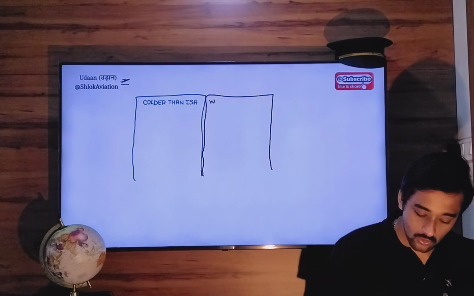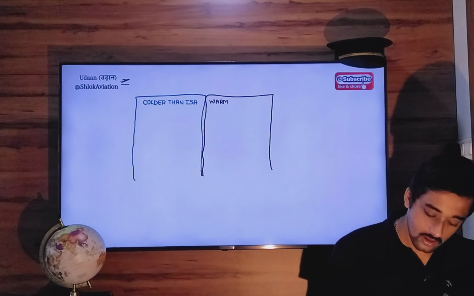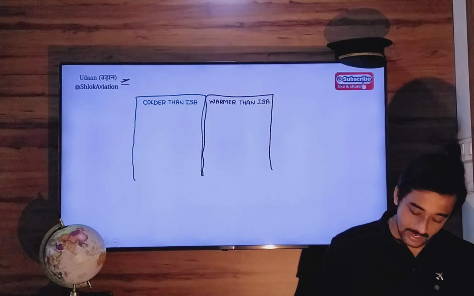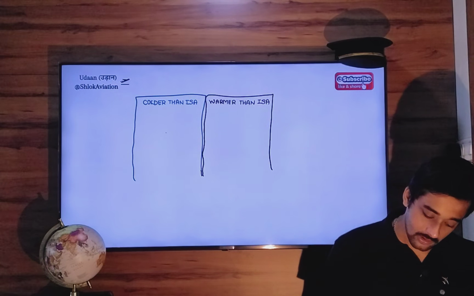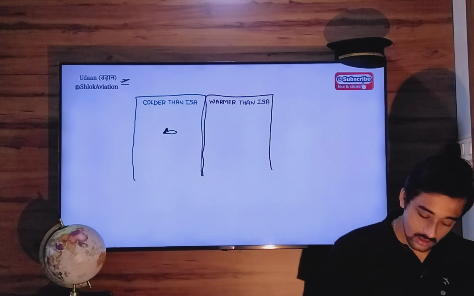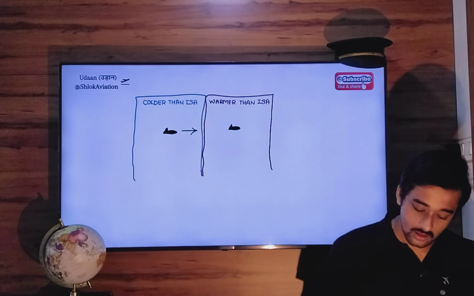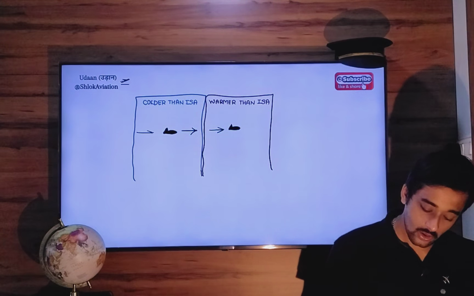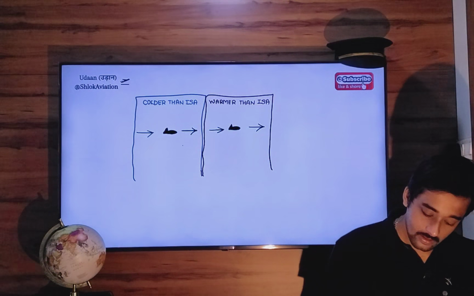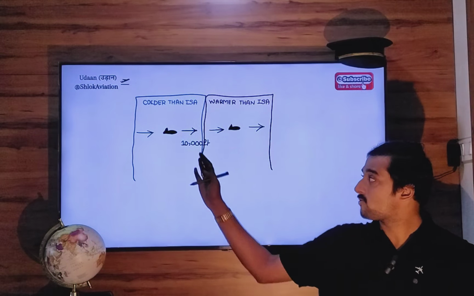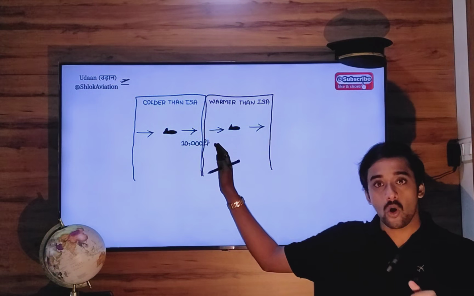That means it is warmer than ISA. So you are flying level at a constant altitude of, let's say, 10,000 feet. So you are changing air masses. You were flying in cold air mass, now you have entered warm air mass.